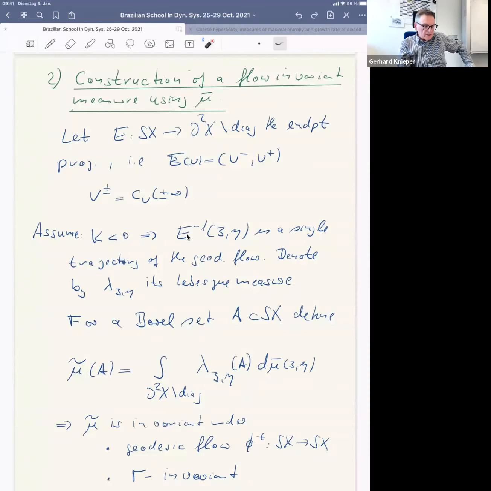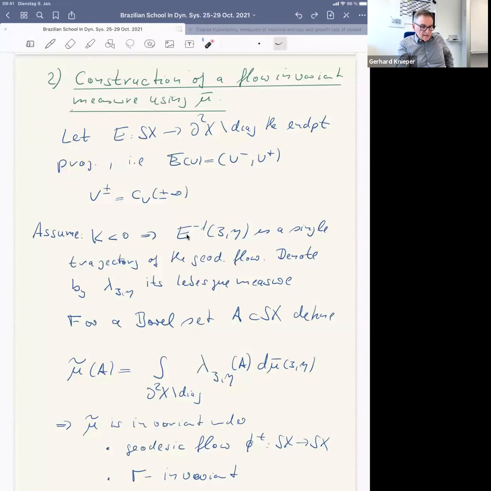It's exactly one geodesic, since there's only one geodesic joining any two points, and the way it's defined, it's not the geodesic on X, it's a lift to the unit tangent bundle, the trajectory of the geodesic flow.